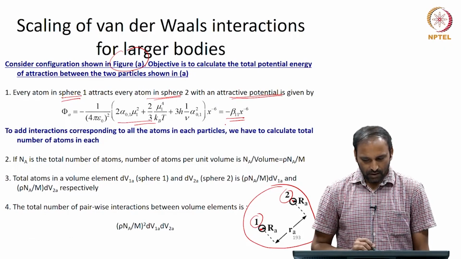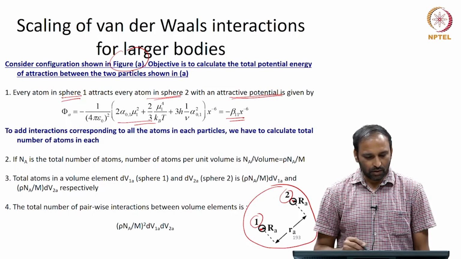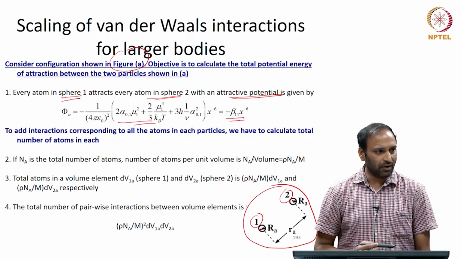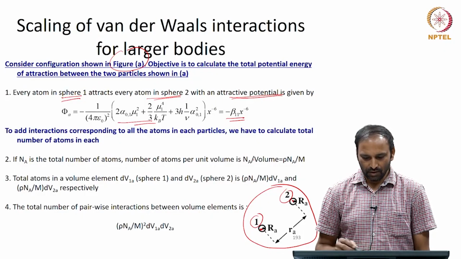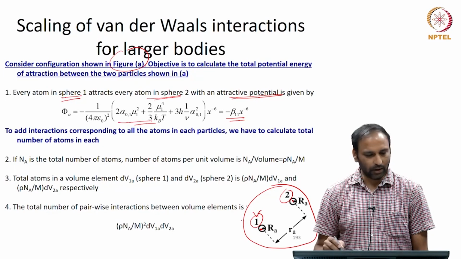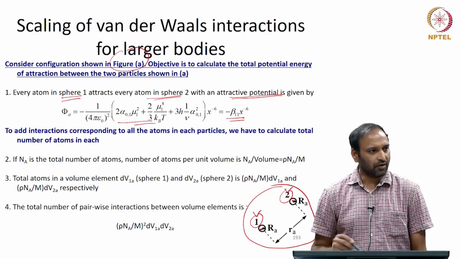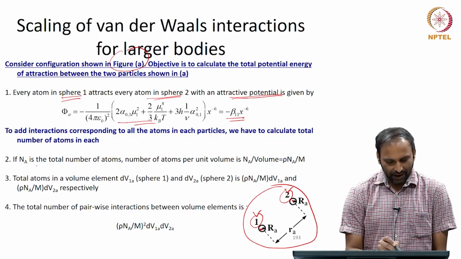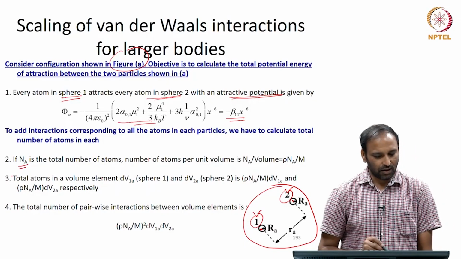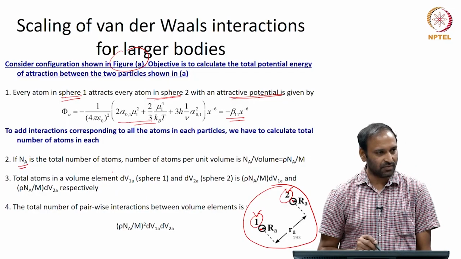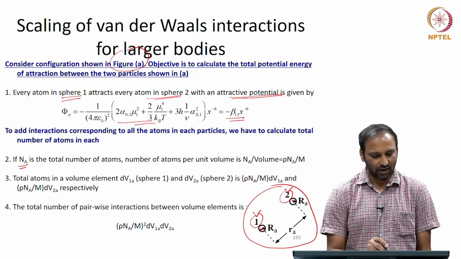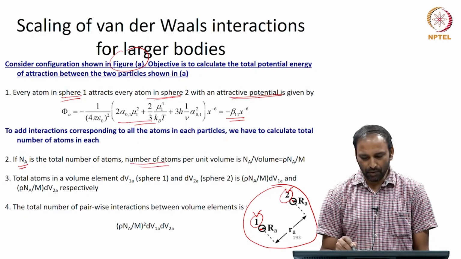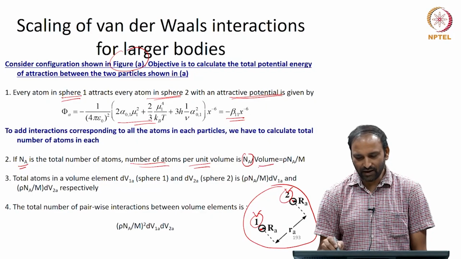Now, because we want to calculate the total interaction, before that we should calculate the number of atoms in particle 1 or sphere 1 and the number of atoms in particle 2 or sphere 2. If you define N A as the total number of atoms in the particle, the number of atoms per unit volume is N A divided by volume.